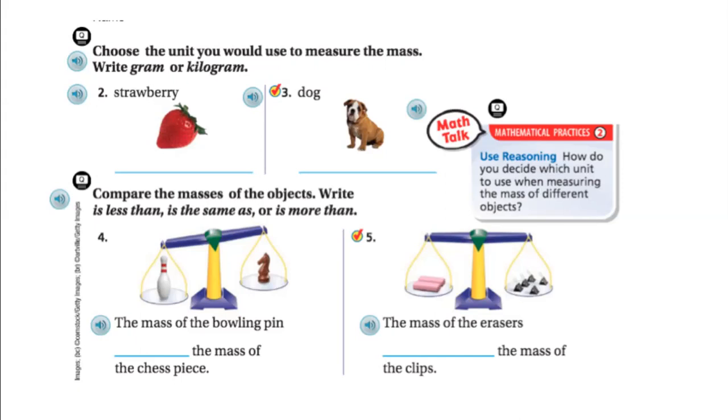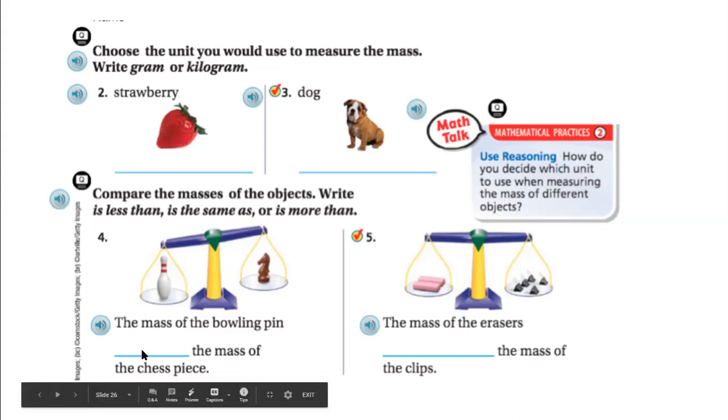They have the same mass. But if one object is lowered, then that means one object is going to be heavier than the other one. So in this case, we're looking at the mass of the bowling pin. I noticed that it is lowered, whereas the chess piece is up higher. So that means the mass of the bowling pin is more than the mass of the chess piece.